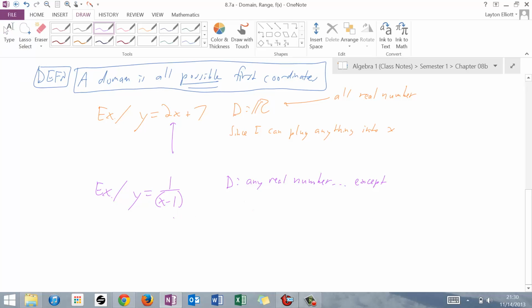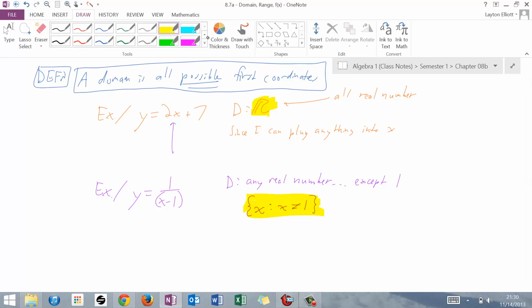That number that I would plug in would have to be 7. So any real number except 7. And I have a way to write that in set notation. I write it as all x such that x is not equal to 7. And that tells me that this is any real number but 7. So the domain up here was any real number, but the domain right here was any real number except for 7.